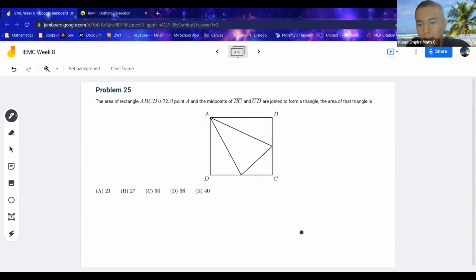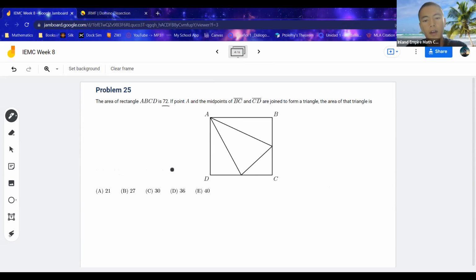All right, this one is a little bit tricky. The area of the rectangle ABCD is 72. Point A and the midpoints of BC and CD are joined to form a triangle. The area is 72.